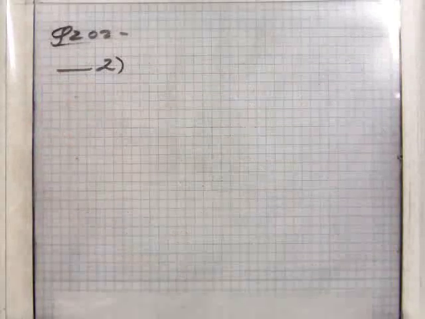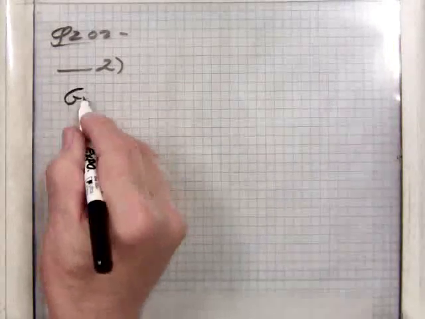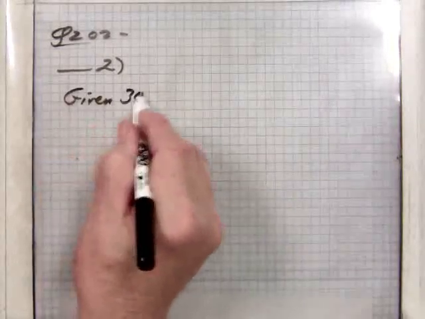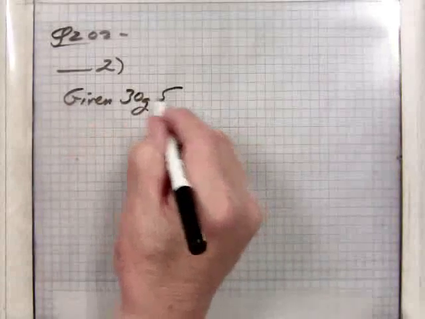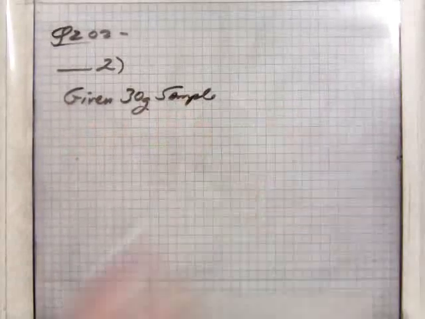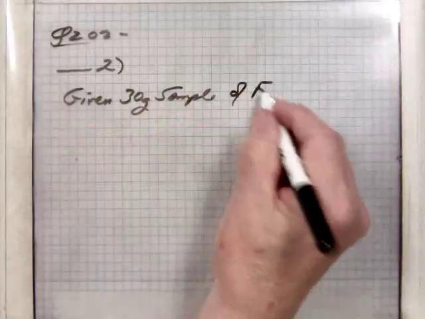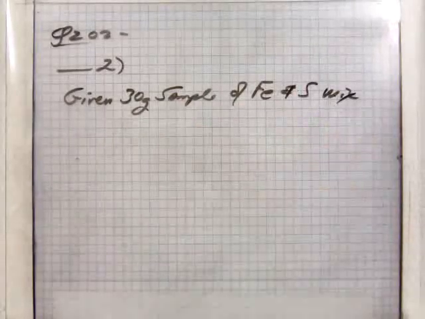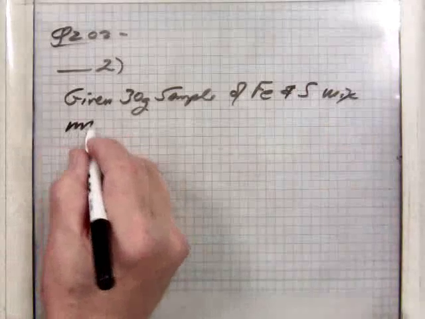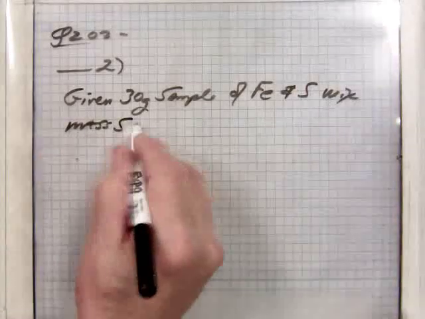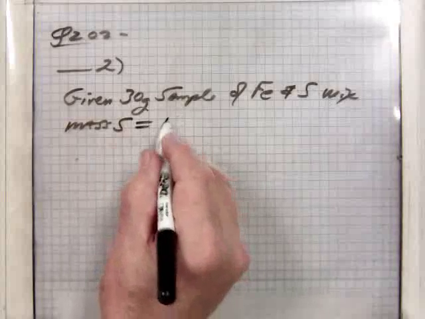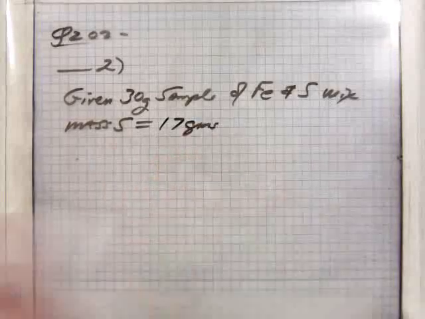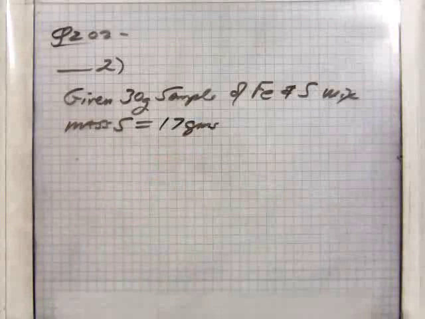Okay, we're given a 30-gram sample of sulfur and iron mix, and it was analyzed to find that the mass of sulfur is equal to 17 grams. What's the percent iron in that mixture?